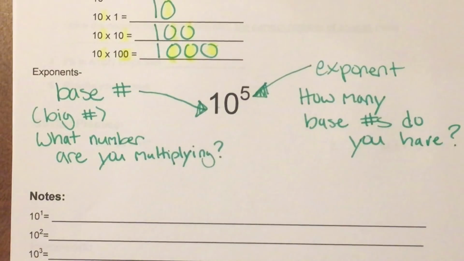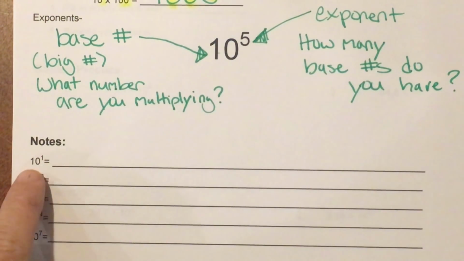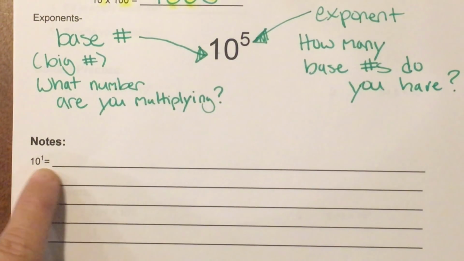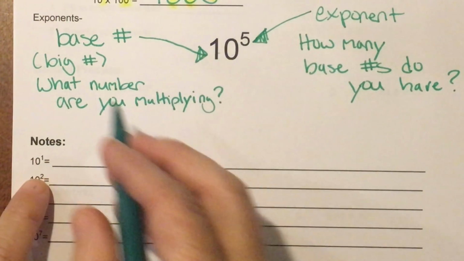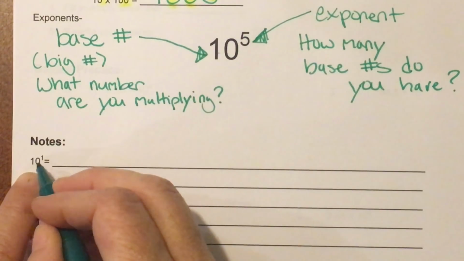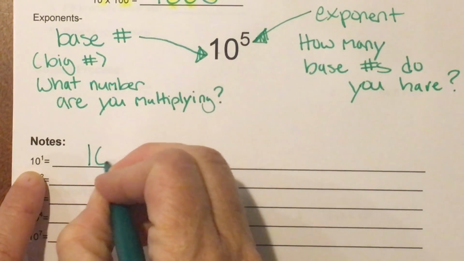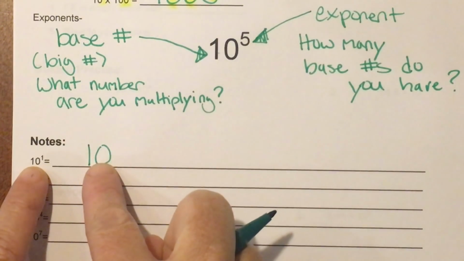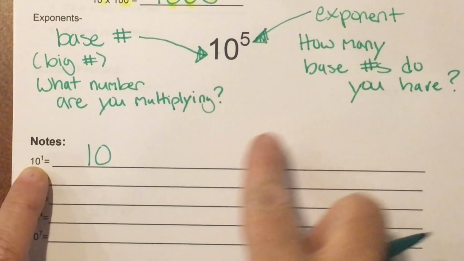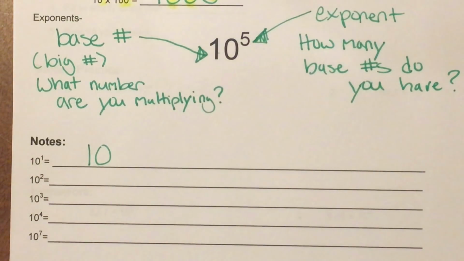Okay, so let's see what this looks like. If I have a base number of 10 and an exponent of 1, what that means is I'm going to be multiplying the number 10, and because the exponent's 1, I only have one 10, because it's how many base numbers do you have? I only have one of them. That's it.